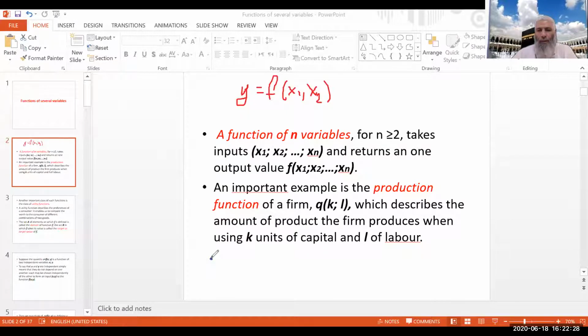So the function Q is the number or amount of product.